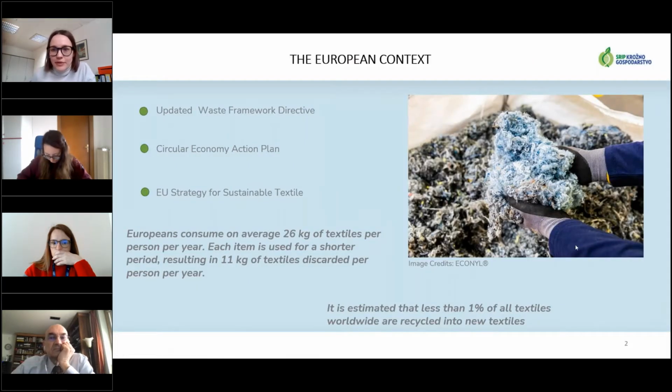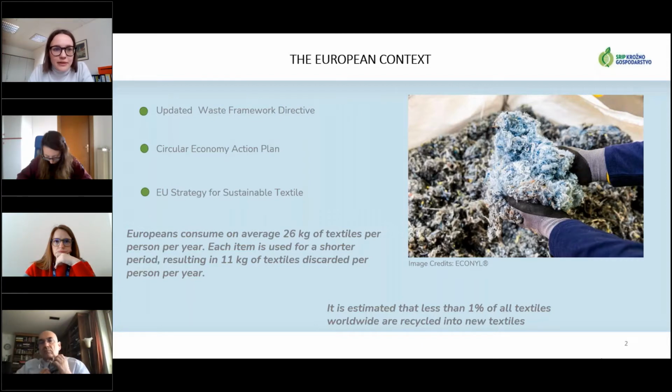So to have a look firstly at the European context a little bit, textile especially is an issue of a number of European documents. We saw that the Waste Framework Directive was updated, and it will demand from all EU member states to recycle the textile and to enable separate recycling of textile until 2025.